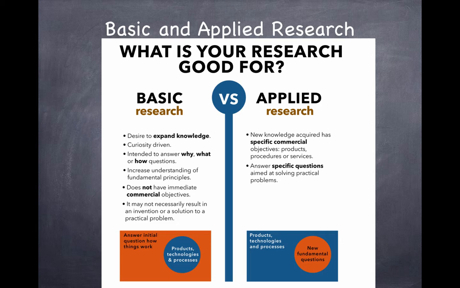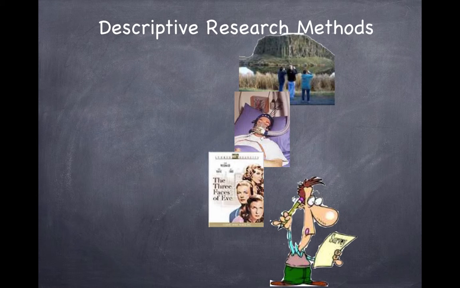Now, we're going to look at also a variety of different ways to do research. There's a form of descriptive research: naturalistic observation. This is where researchers observe and record behavior in its natural setting without influencing or controlling it. What I used to do for 20 years was behavior consulting, and part of what I did was naturalistic observation.